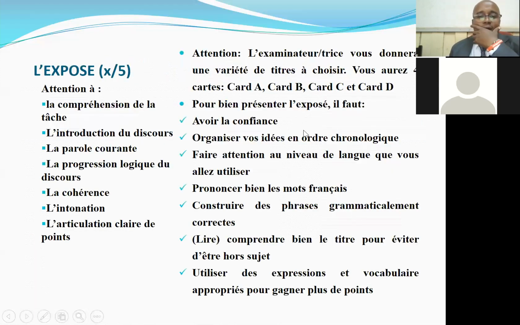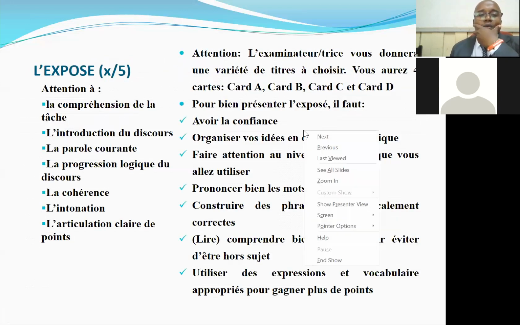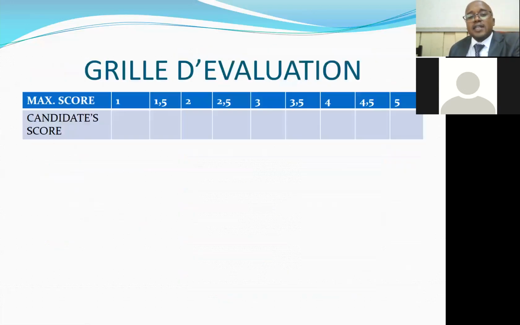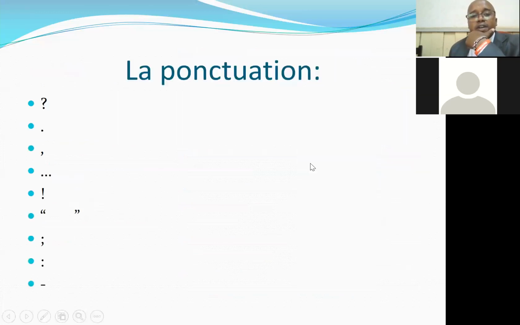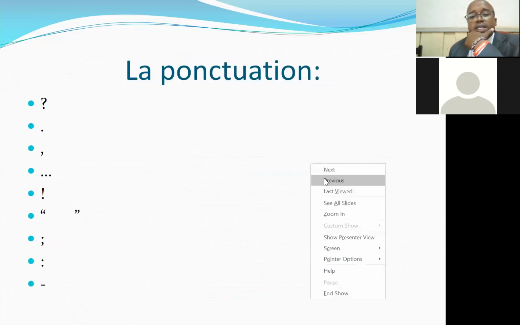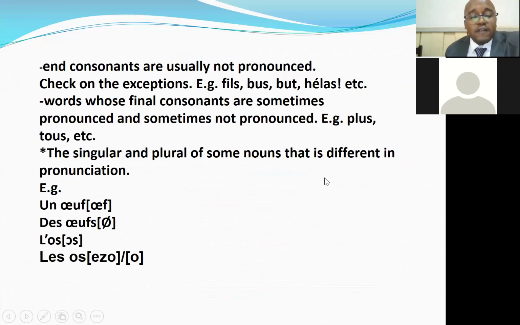Now, I want us to go to expose. And maybe before we go to expose, we need to ask ourselves, so have we understood how to read? Have we understood that when we are reading, we are looking for a whole 5% and that it is paramount?